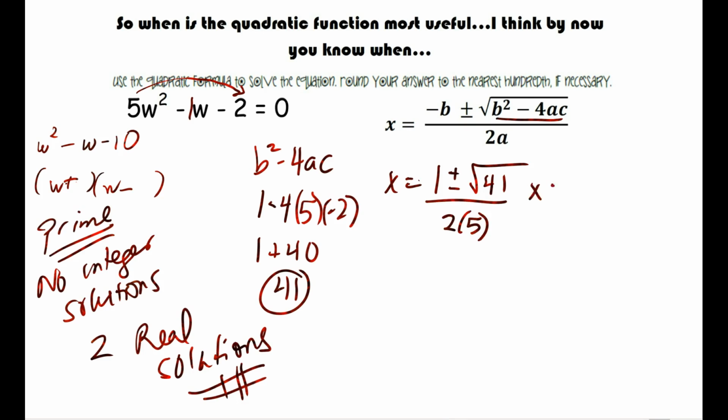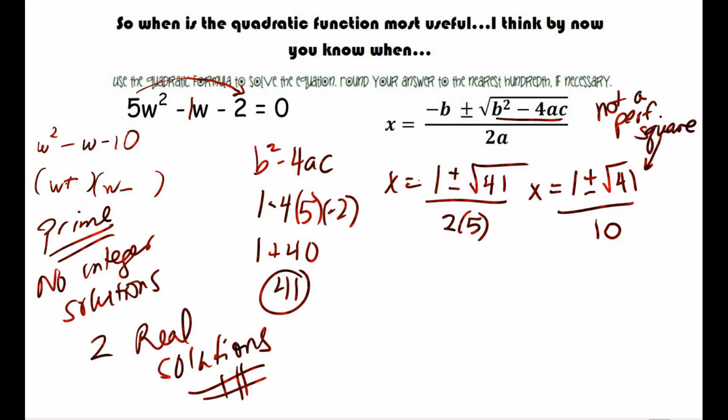So x is equal to 1 plus or minus the square root of 41 over 10. So now we see that we have real solutions that are not what? Integers. This is not a perfect square, which means that we're going to have decimal answers, irrational answers, for real.